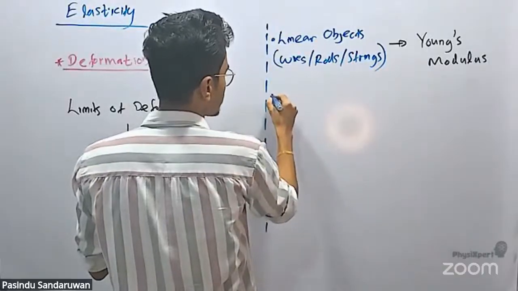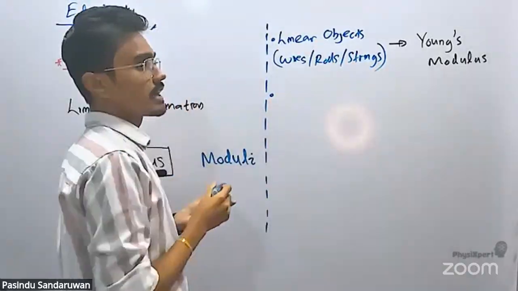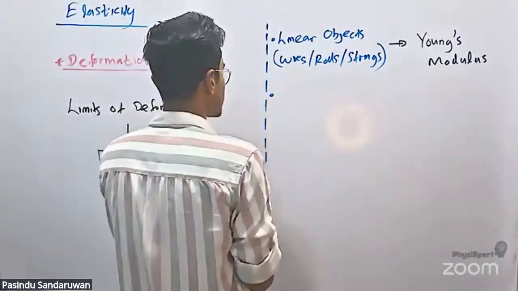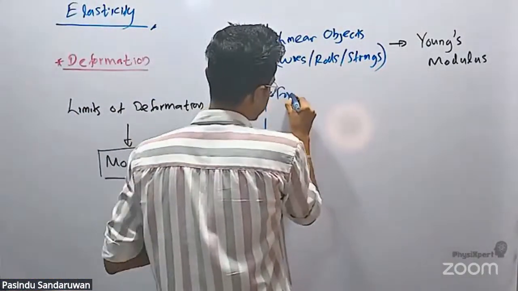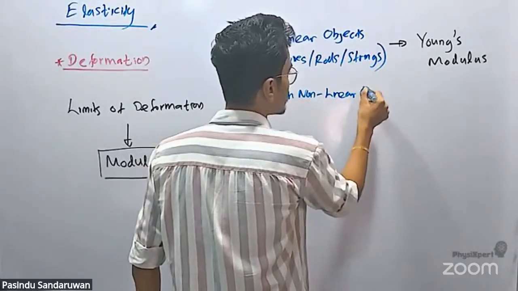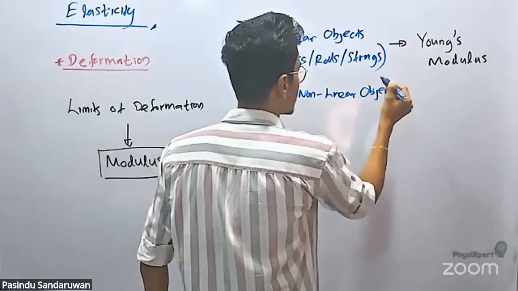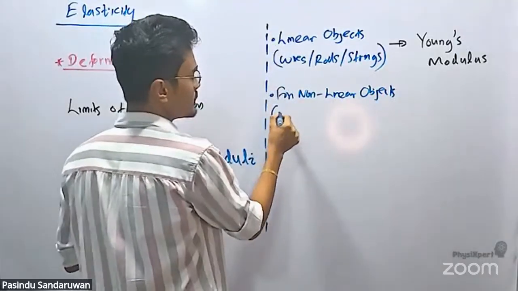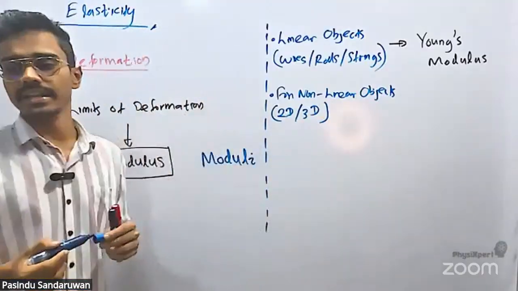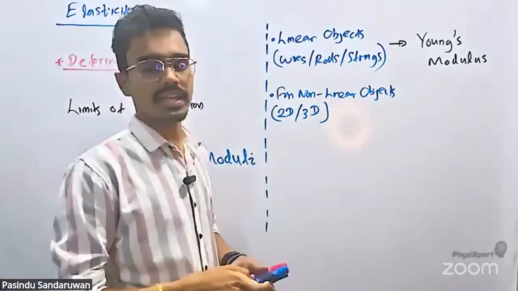And then for non-linear objects, don't write. Non-linear means they can either be 2D or 3D, two-dimensional objects or three-dimensional objects.